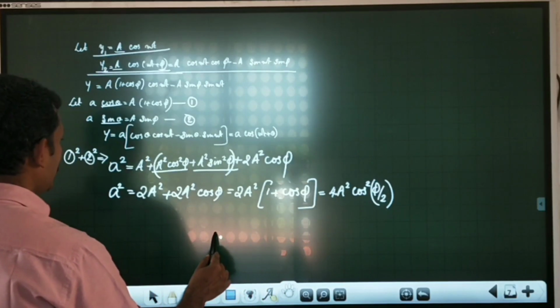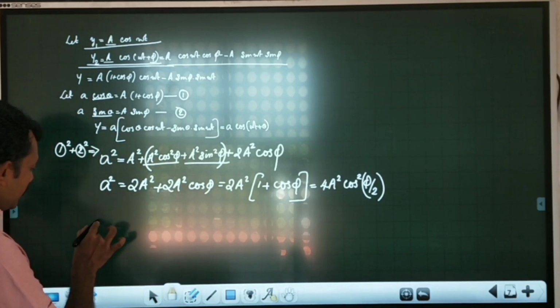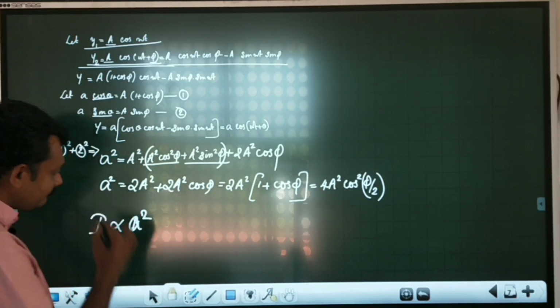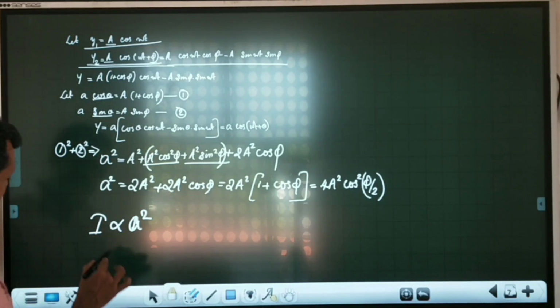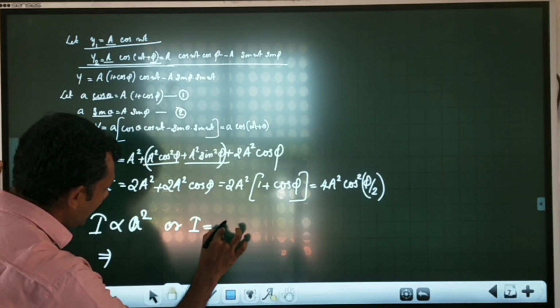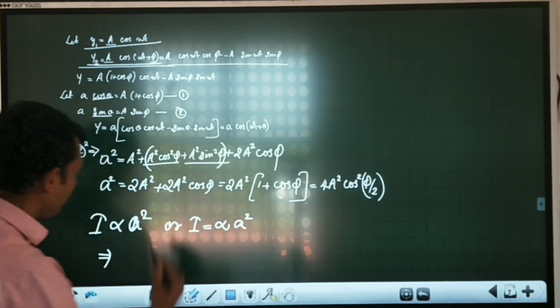Okay, so now according to your knowledge, the intensity of a wave is directly proportional to the square of the amplitude. In that case, I can say I is equal to alpha, a constant, into small a square.